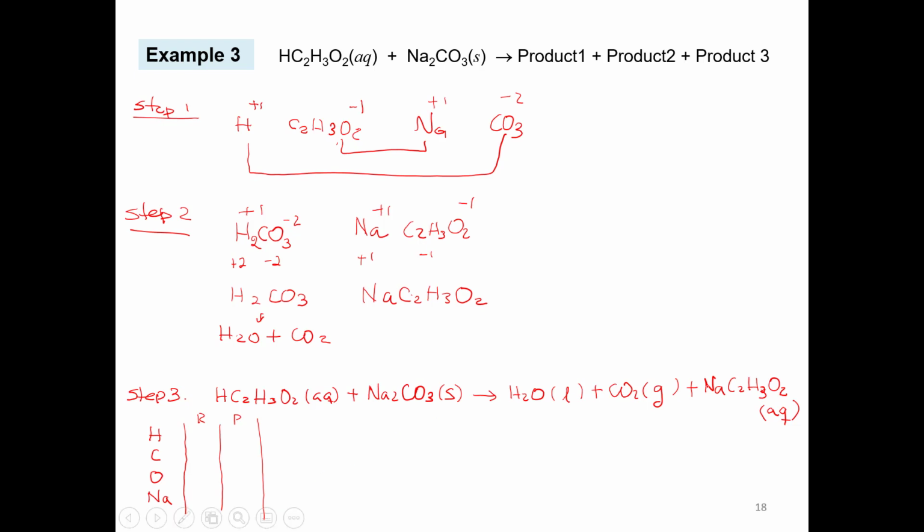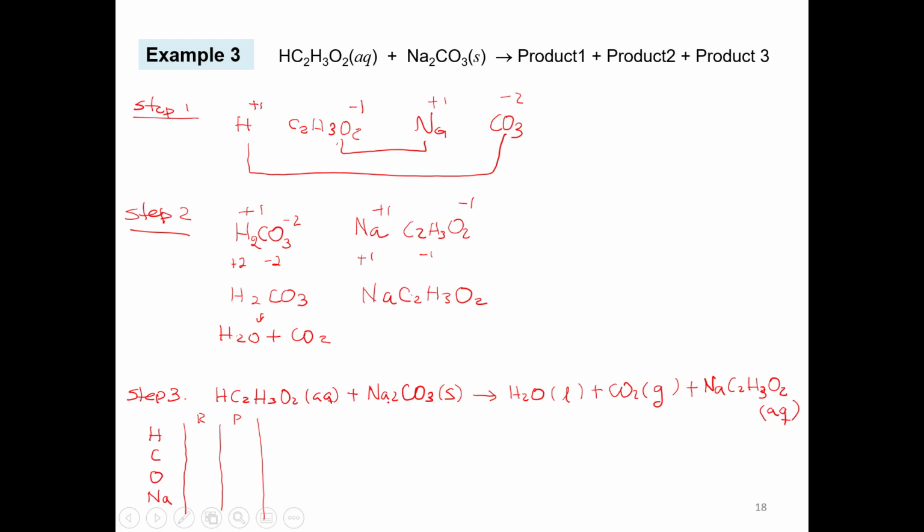For example, we had sodium. Sodium appeared just here and just here. On this side we had 2 sodiums, yes, but here we had 1. We must multiply here by 2. It's the only way we can get 2 sodiums. And this is easier than to guess how we can balance the hydrogen, because hydrogen appears in different parts of the equation.